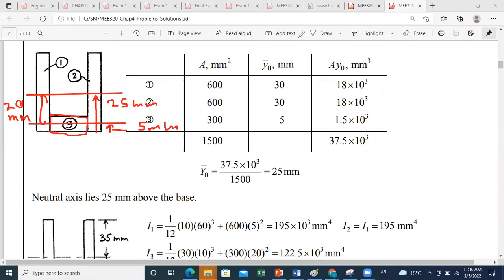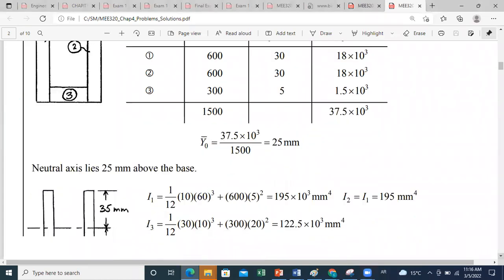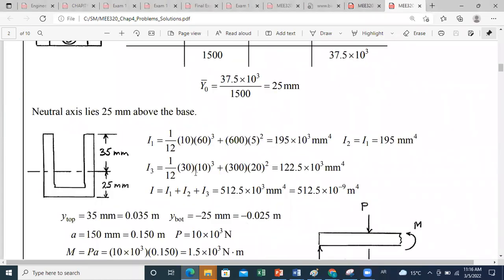So this distance is 20 millimeters. When you apply the parallel axis theorem, the distance you will use is 20. So here in this figure, you'll have 1/12 times, first, to get the inertia of part 3 about the axis passing by its centroid, this one.